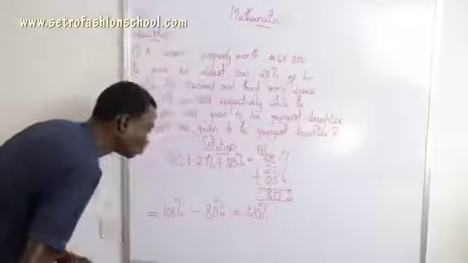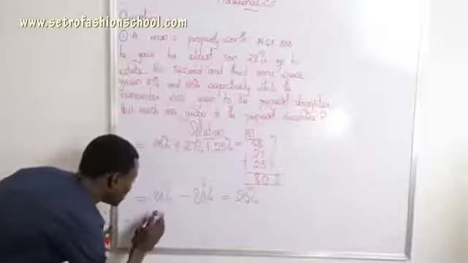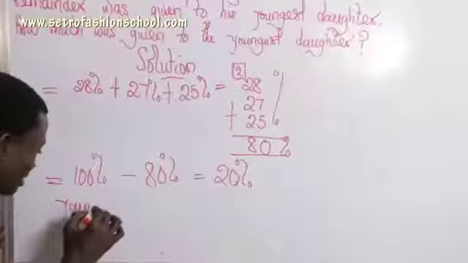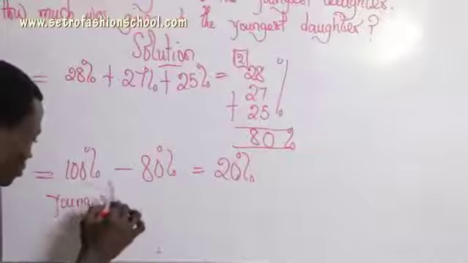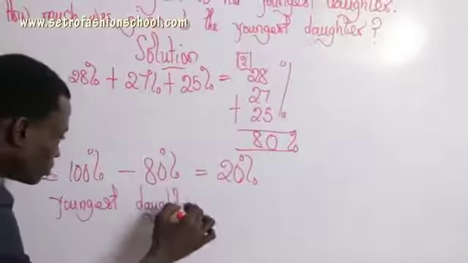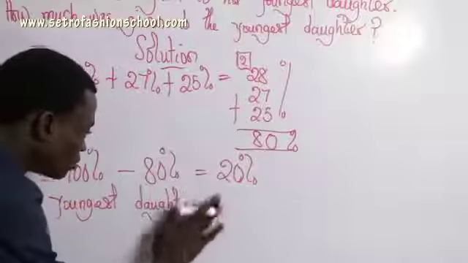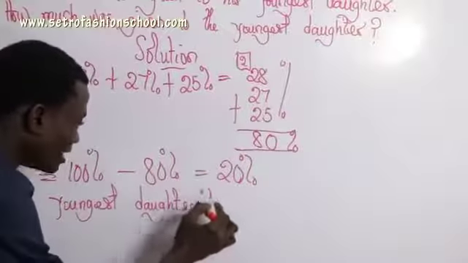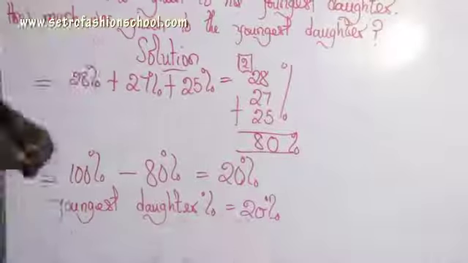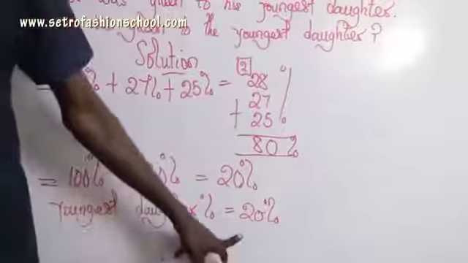Now, which means what? The youngest daughter's percentage is 20%. Now, this is just the percentage of the youngest daughter.